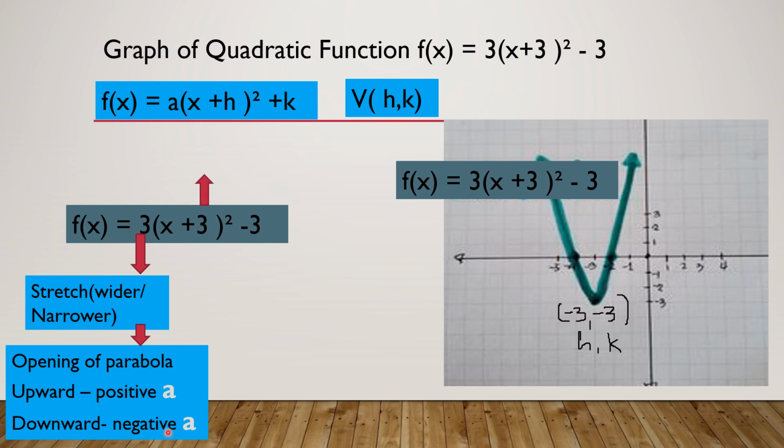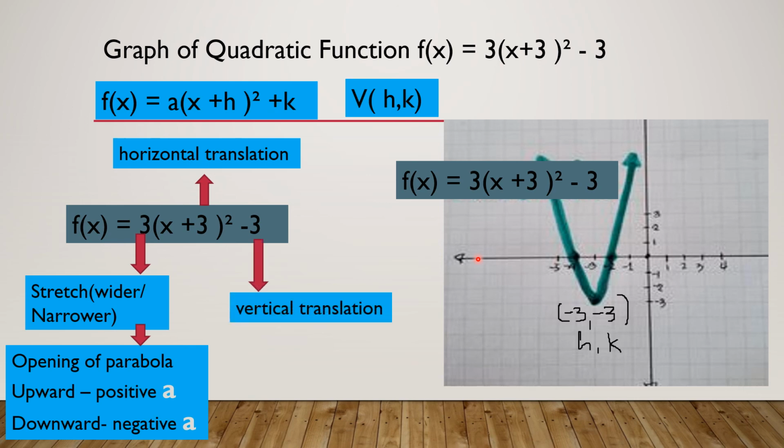And then, this one, the value of h, is the horizontal translation. Horizontal means the movement is horizontal. It's either going to the right or going to the left. And this k is the vertical translation. So it means the movement going up or down. That's how the values of a, h, and k affect the graph of a quadratic function.